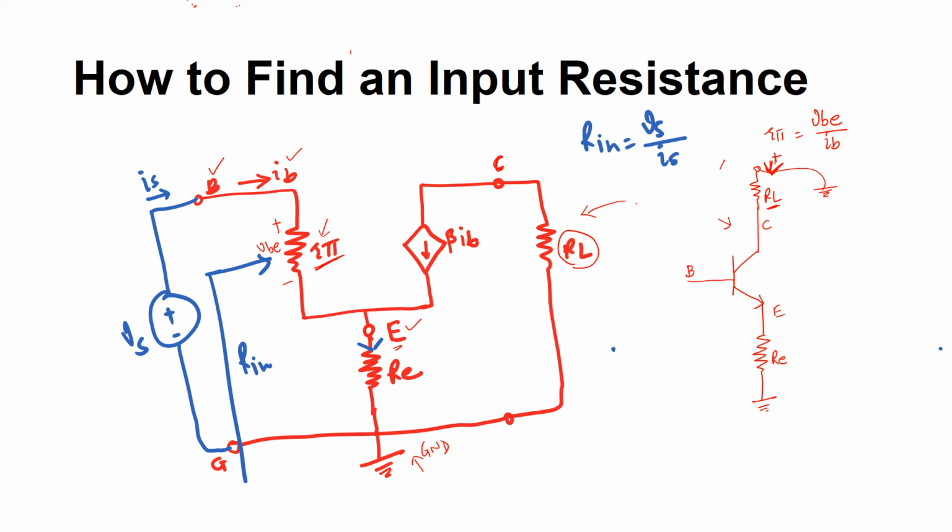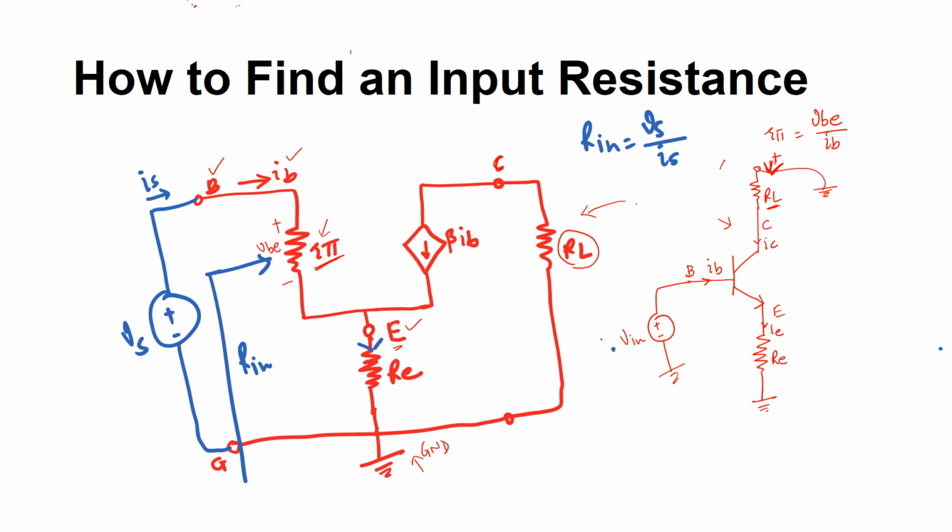Now you can say that I want to apply an input signal to this circuit, let's say Vin right here, and that's it. So you have the base current, and right here you have an emitter current.